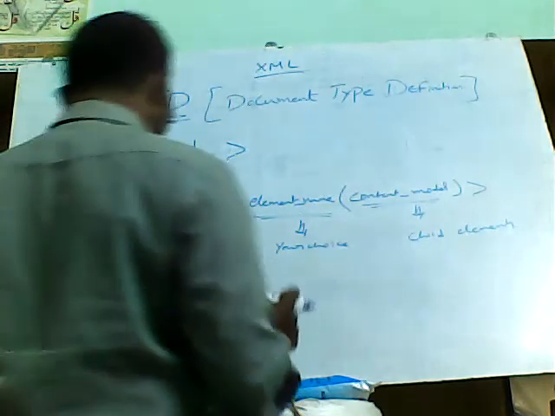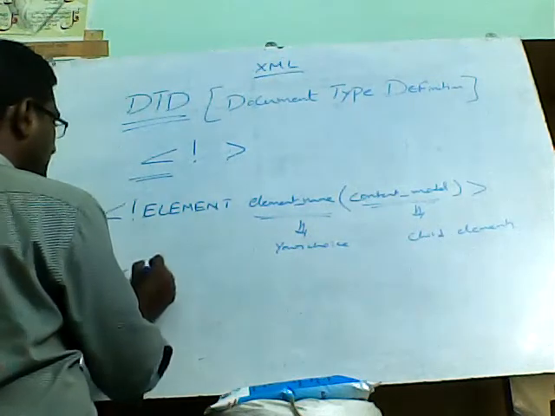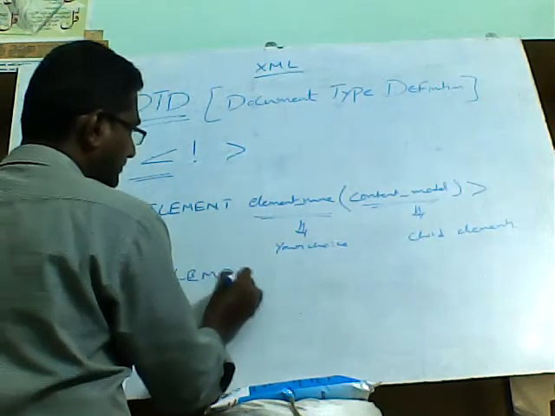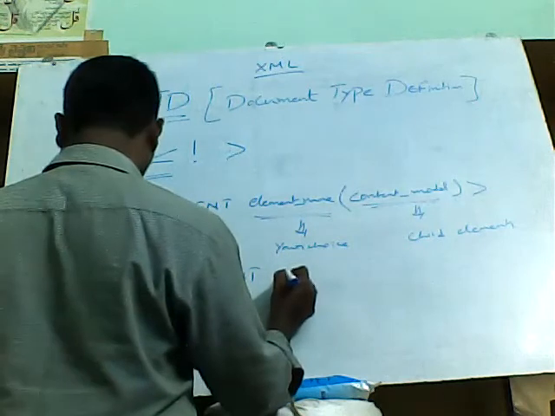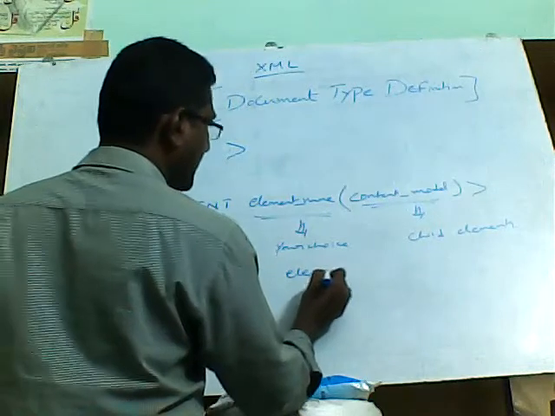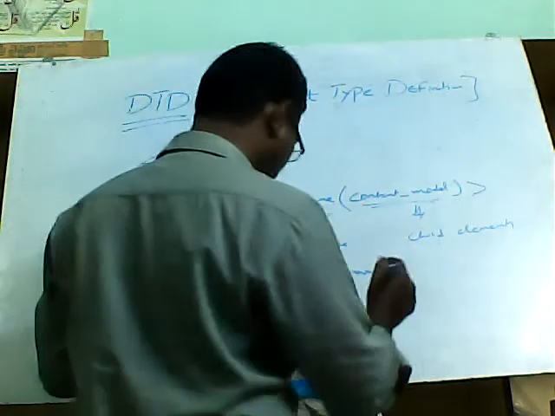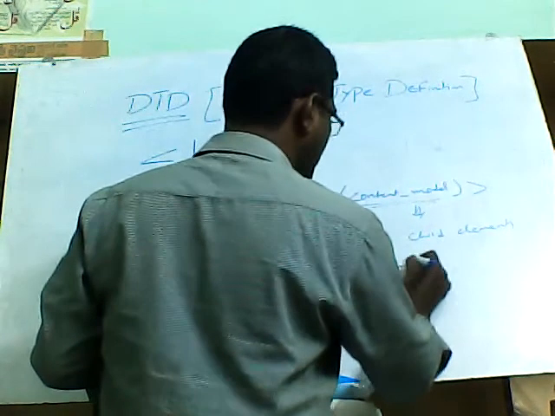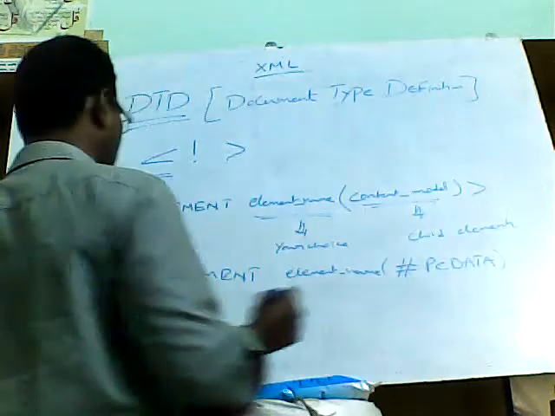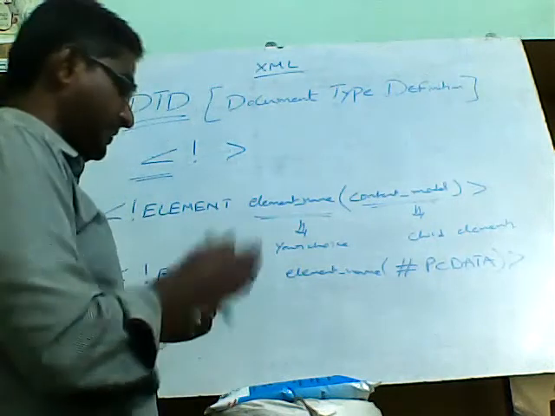Next, if you want to describe the child elements, we write less than, exclamation mark, then followed by the element name for the child element. Then followed by #PCDATA. Like that we need to write.